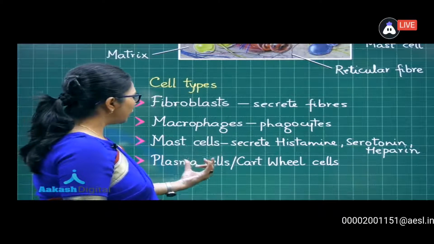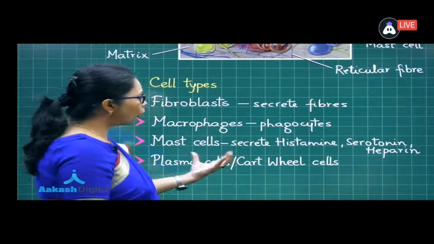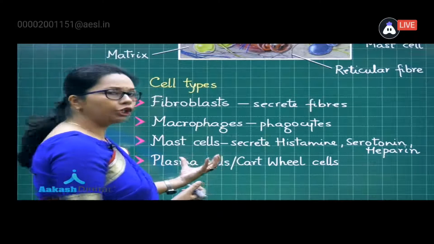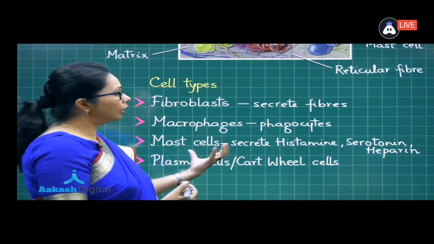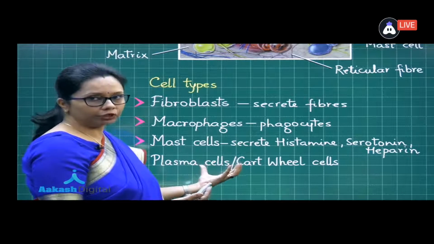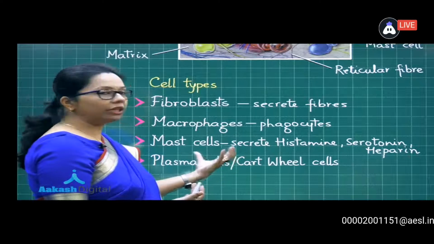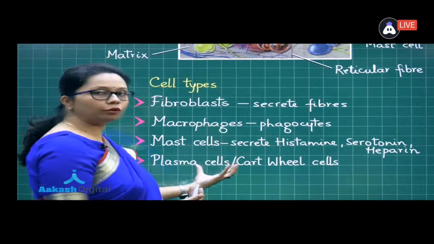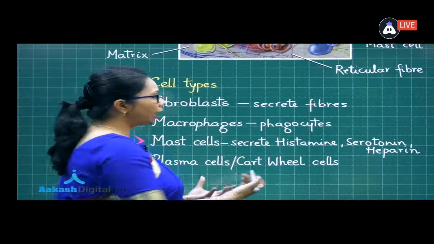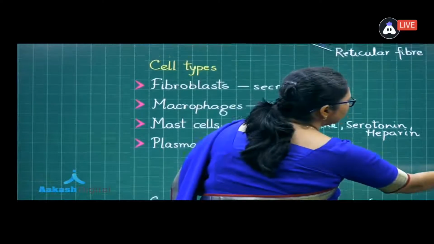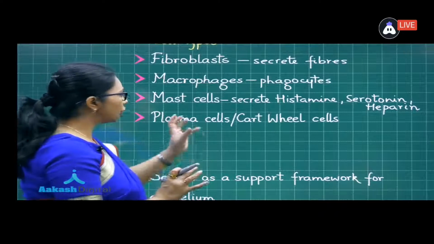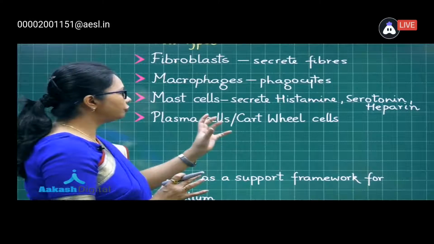And then there is another type of cell which is not always seen, because in healthy tissue it won't be seen. These are very short-lived cells, and they are formed from one of the types of WBCs, that is the B lymphocytes. They are formed when there is some infection, and the purpose of these cells is to secrete antibodies. Their nucleus appears like a cartwheel, so they are also called cartwheel cells.